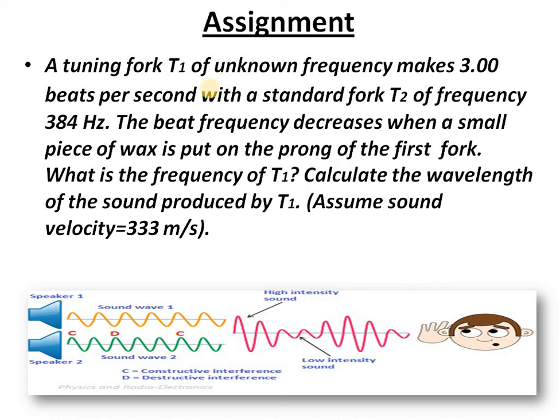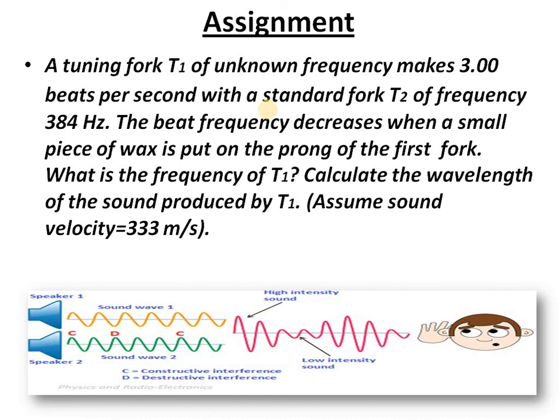You can easily find it because it has two parts. One is finding the frequency of the first fork. How will you find it? It is mentioned that when wax is placed over it, the beat frequency is decreasing. Beat frequency decreasing means what? The frequency of the first one should be greater than the frequency of the second one. I hope this clue is enough for you.